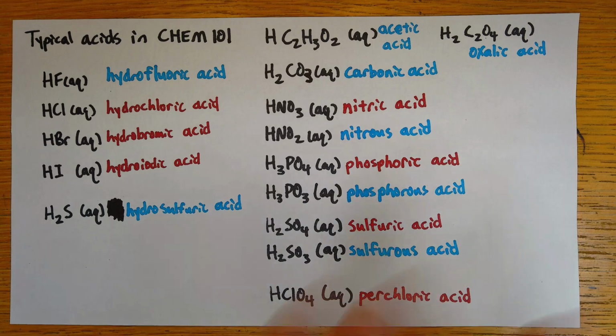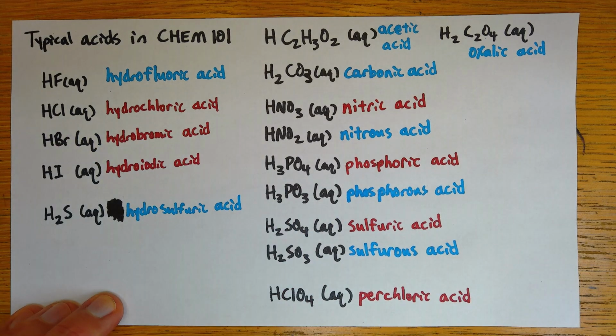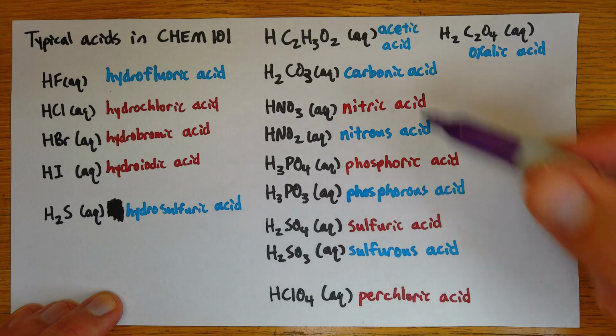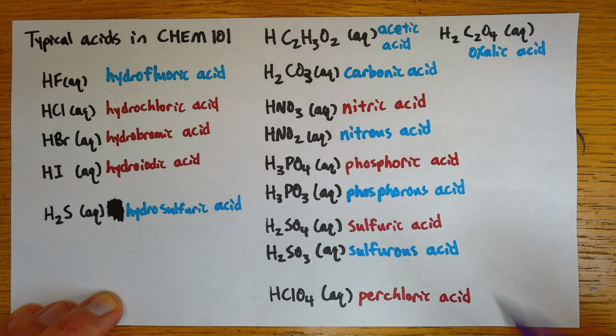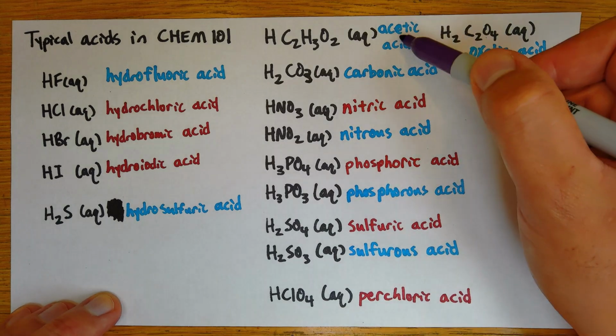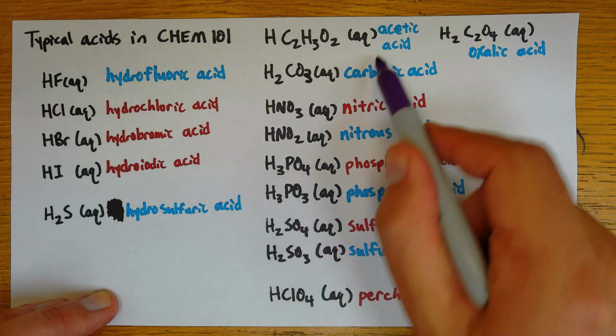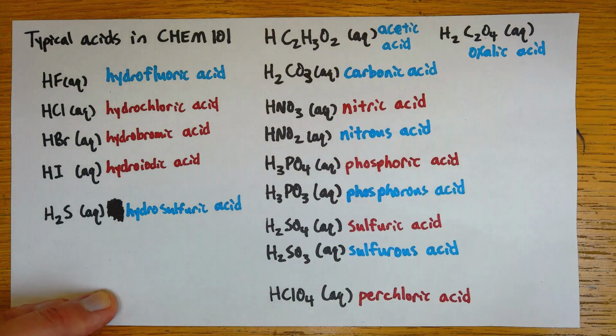Even some of these are used quite often in upper levels of chemistry as well. Particularly hydrochloric acid is used a lot in the chem lab, nitric acid, phosphoric, sulfuric definitely. And acetic acid, also known as vinegar, but acetate, ate becomes ic, acetic acid.